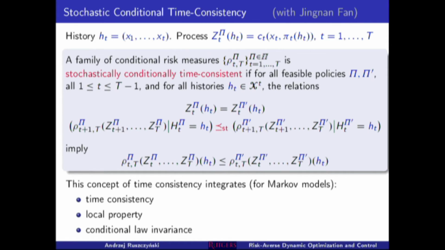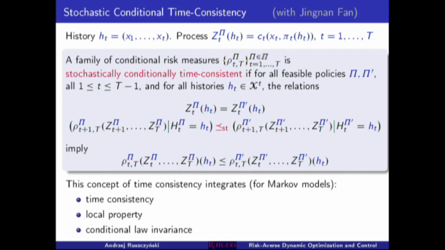Okay? So this is very similar to the concept of stochastic time consistency that I presented before, except for two changes. First, the conditions here are conditioned on the history. So instead of looking at this as random variables, these are now numbers. Because it's conditional, they are both known.